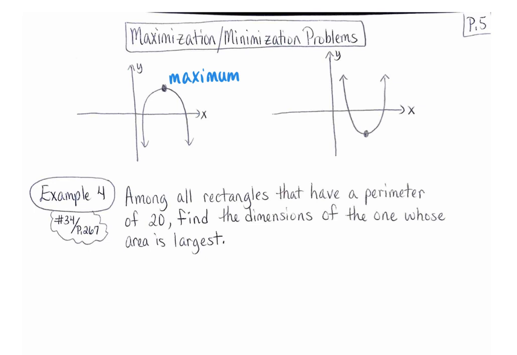I want to make sure everybody is listening and paying attention. If our parabola is facing down, our vertex is a maximum. If our parabola is facing up, our vertex is a? Minimum, yes? Are you with me?